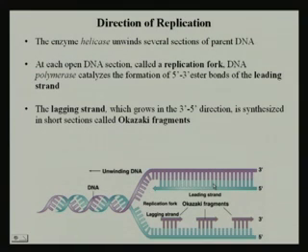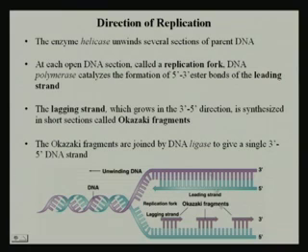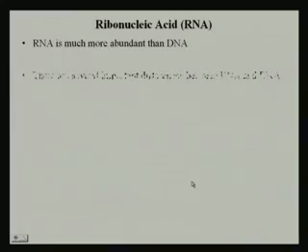Whereas, in the lagging strand, which grows in the 3 prime to 5 prime direction, a small short section of nucleotide base pairs is synthesized, and that is called the Okazaki fragment. These Okazaki fragments, with the help of the enzyme DNA ligase, join to form a single 3 prime to 5 prime strand, and in this way the replication process takes place in DNA.